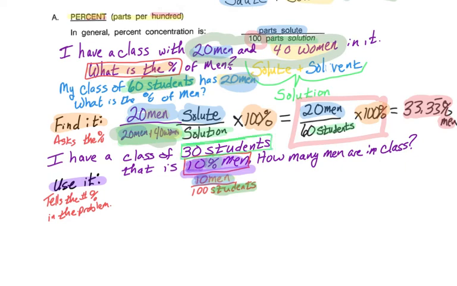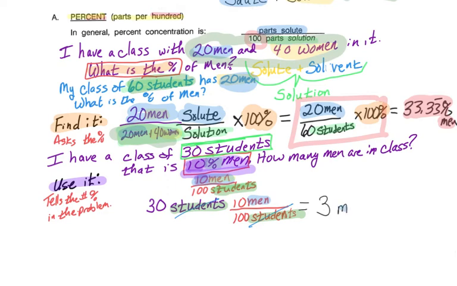Now we find our 30 students and use the 10% ratio that we were given, canceling out the terms, putting the numbers into our calculator. We end up with 3 men. When we switch this into chemical calculations, you won't see men, women, students, but you will see sodium chloride in water makes a solution. But don't let the use of chemical terms throw you off.